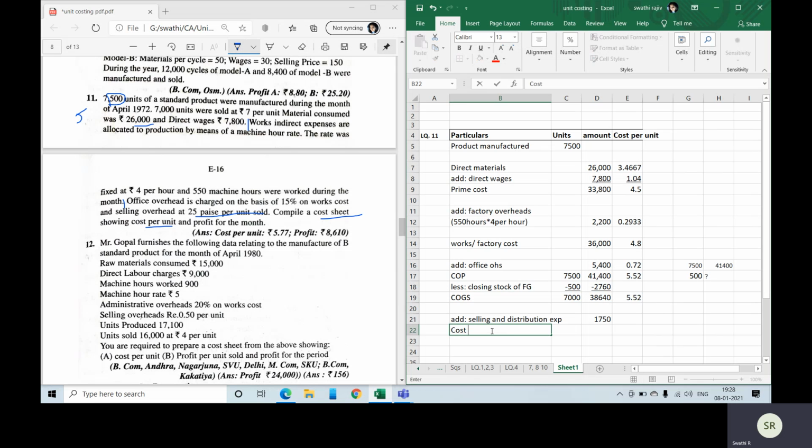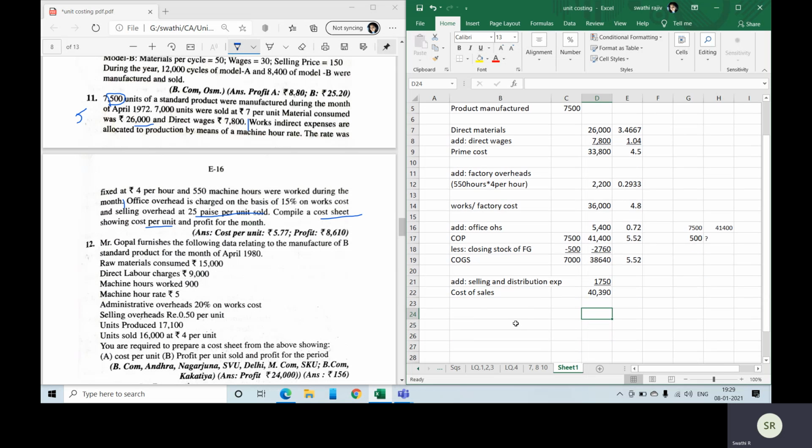Finally, it is cost of sales, COGS plus selling and distribution expenditure, which is going to be 40,390. And so for cost of sales, now we know that it is sold at what price. They have asked you to find out profit also.